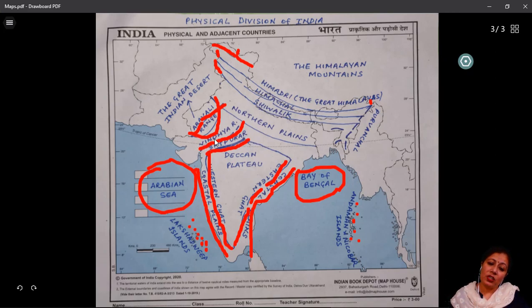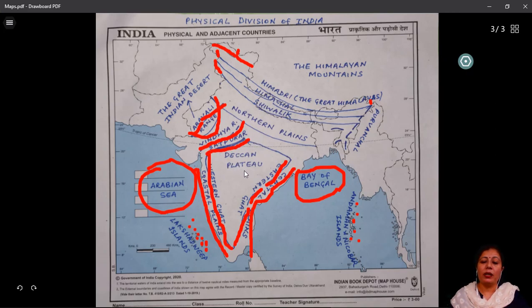Then below that you will start the Satpura range. So these three ranges you have to mark: Aravali, Vindhya, and Satpura. The Satpura range creates the northern border of the Deccan Plateau.